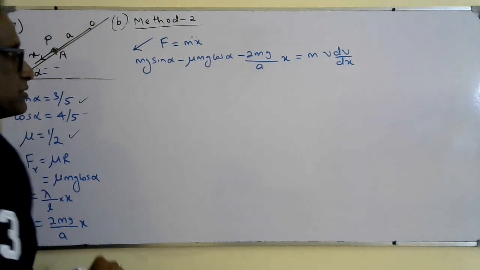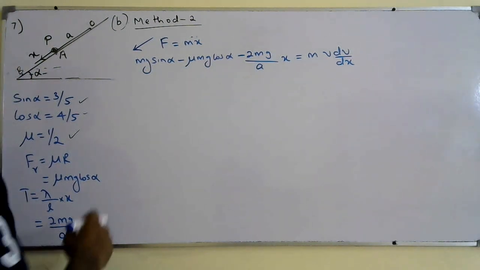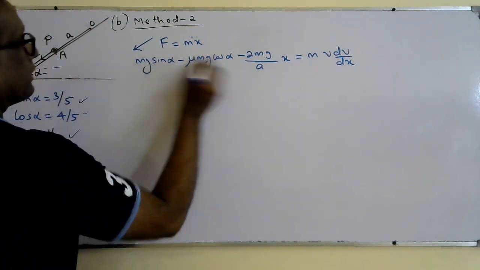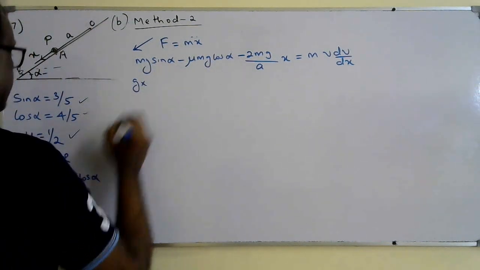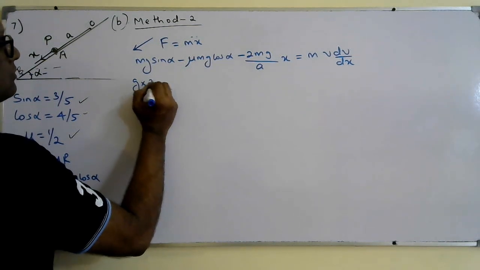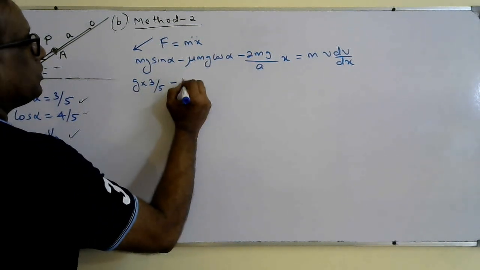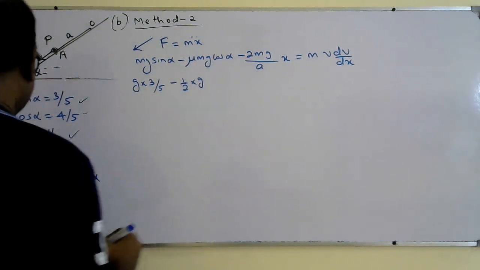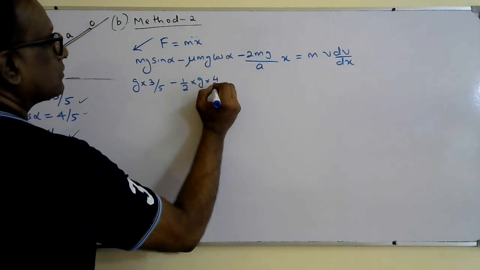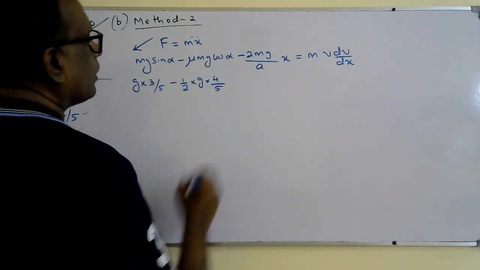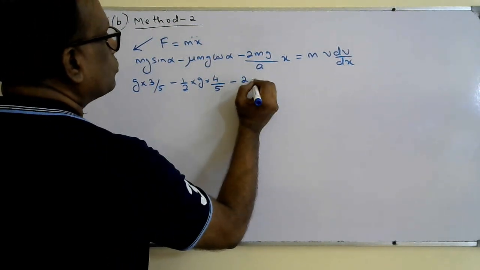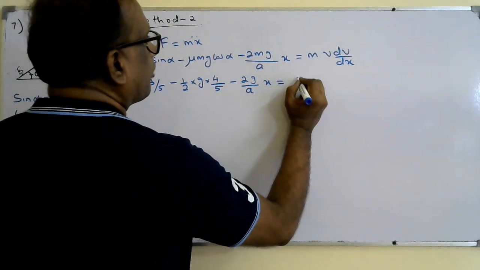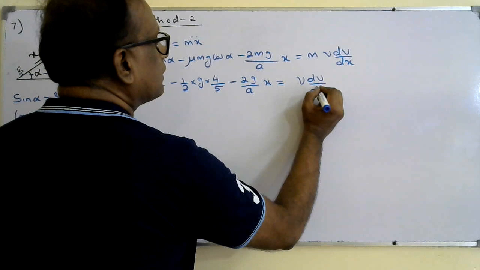All the m's will get cancelled, and I'm going to substitute sine alpha, cos alpha and mu values. So g into sine alpha, 3 by 5, minus mu is half, g cos alpha, 4 by 5, minus 2g over a x is equal to v dv over dx.